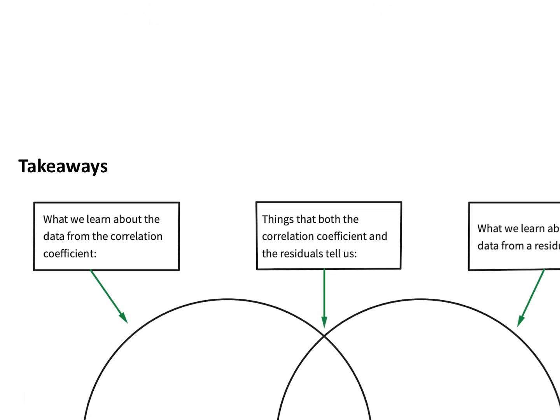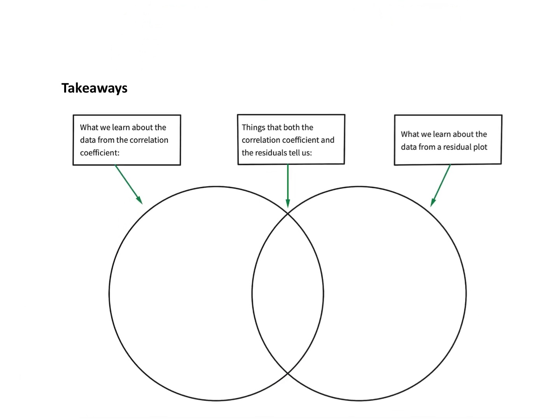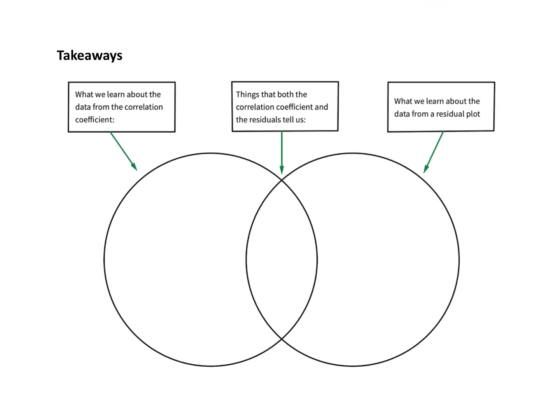So in our takeaways, we've got this Venn diagram that we're going to fill in with what we've learned about correlation coefficient and residuals. So let's fill in the middle first.